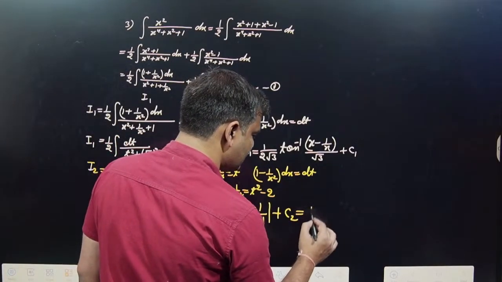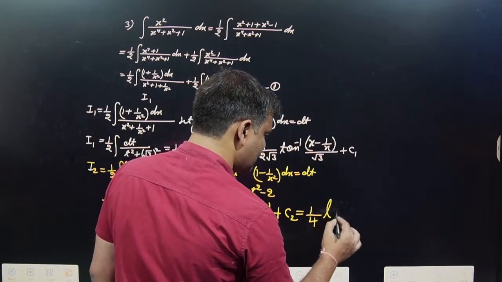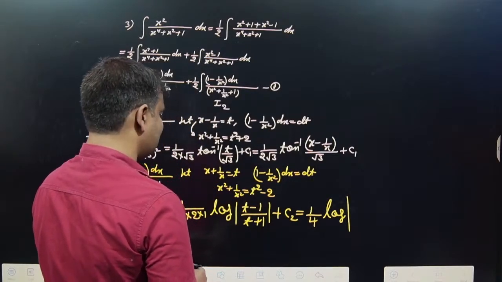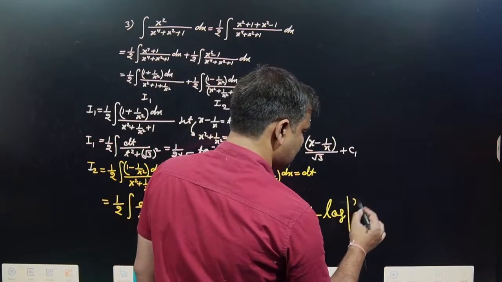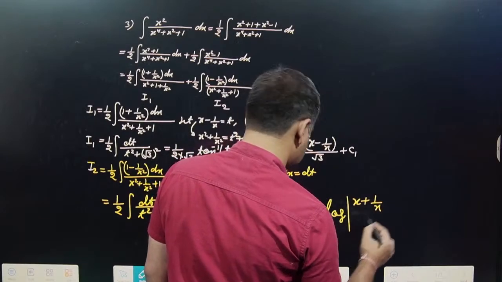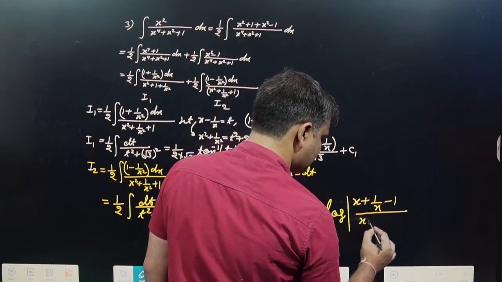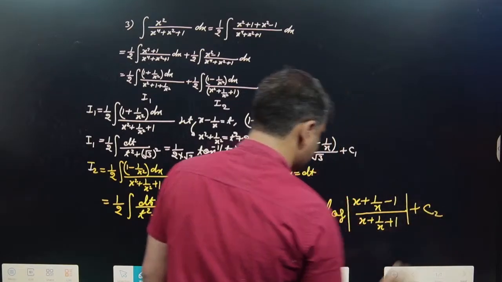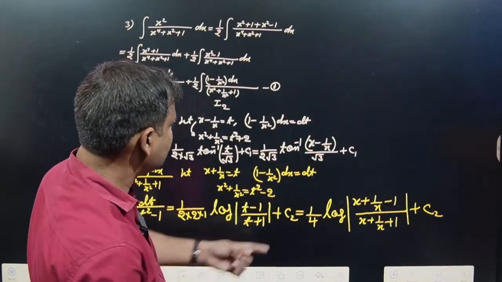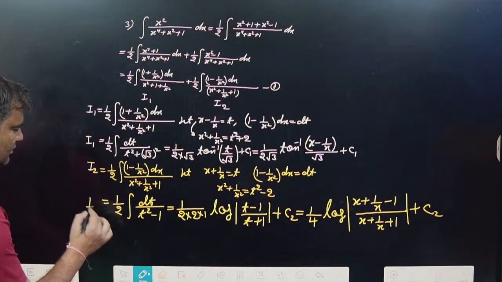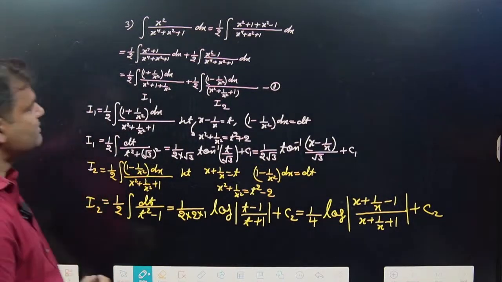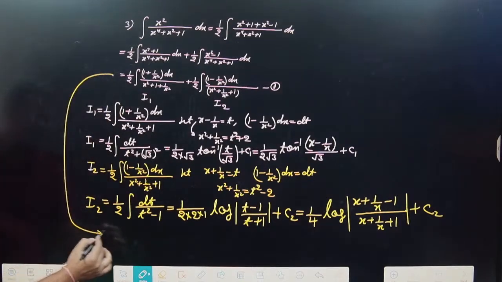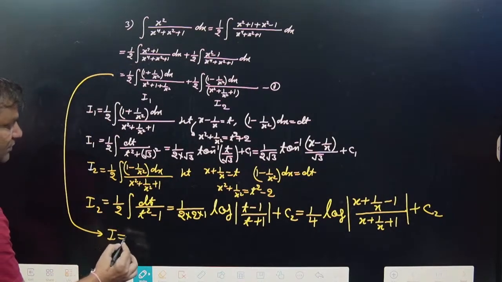T is basically x plus 1 upon x, so log of x plus 1 upon x minus 1 upon x plus 1 plus c2. Okay. Now these two values, I1 and I2, put in equation number 1. So finally you can say that I is how much?